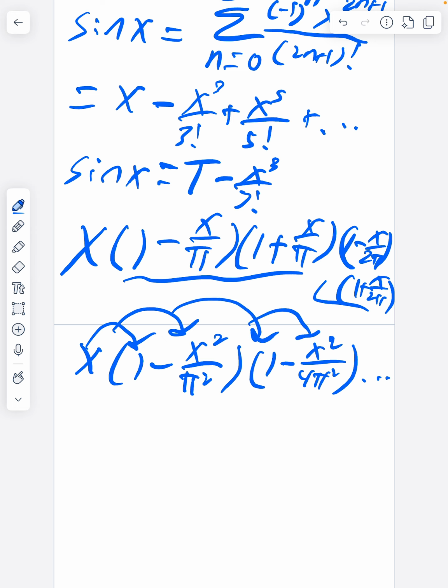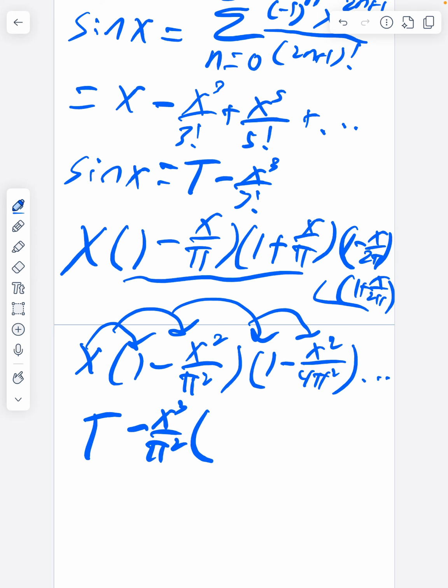So now if we do the same thing we did before, we have this tail, and then we have all the cubic terms. But notice when we distribute the x to the x squared terms, that the cubic terms look like this. So we factor out an x cubed over pi squared.